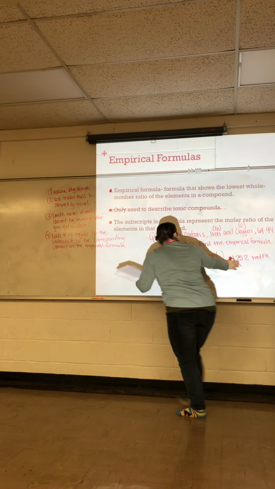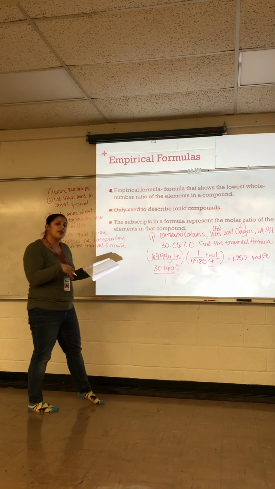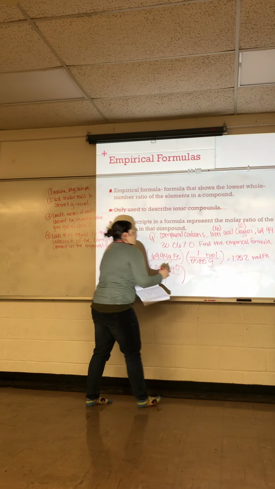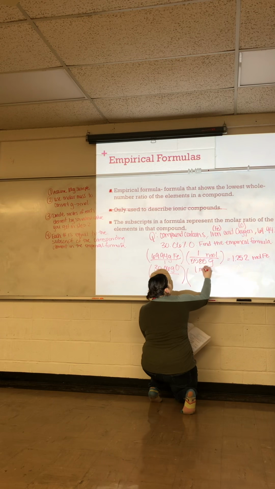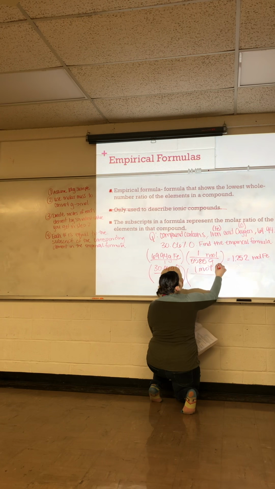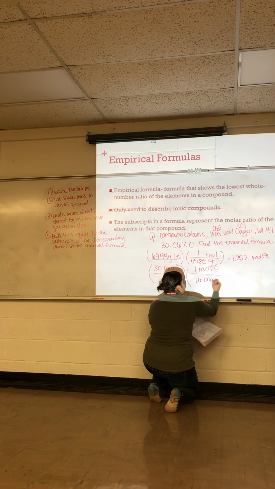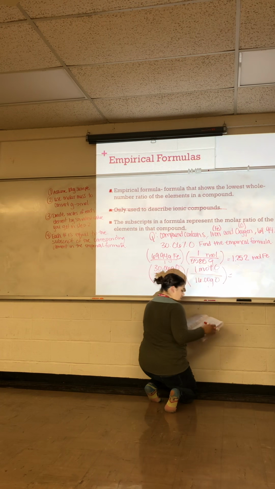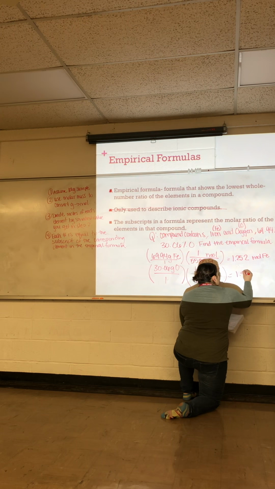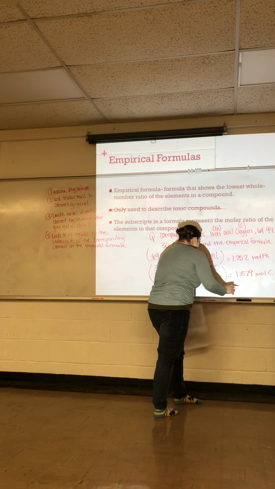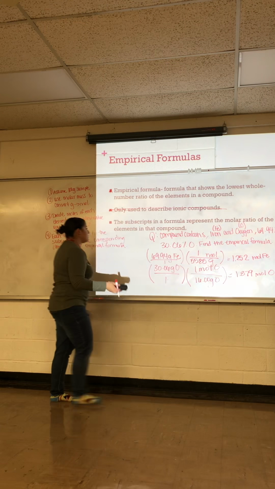Notice that this is not a whole number. So we have some tricks that'll help us get there. The next one, 30.06 grams of oxygen. So 1 mole of oxygen gives me 16.00 grams of oxygen, which equates to 1.879 moles of oxygen. So, like I said, all we did was convert from grams to moles.